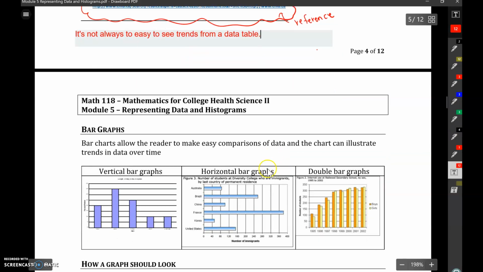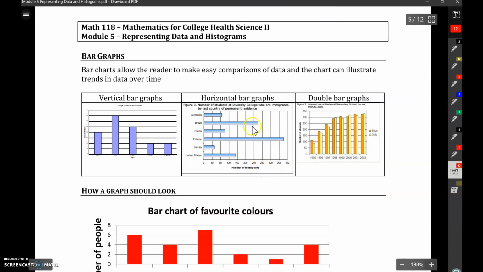So the most common type of graph that we'll see are bar graphs. We're going to talk about bar graphs versus something else called histograms later, but bar graphs are always used for qualitative data.